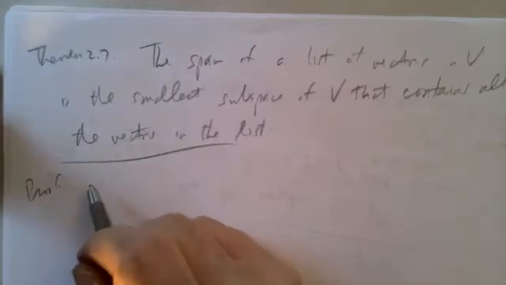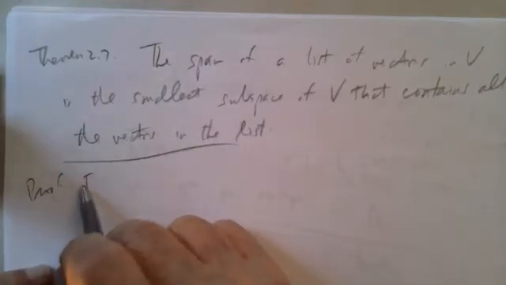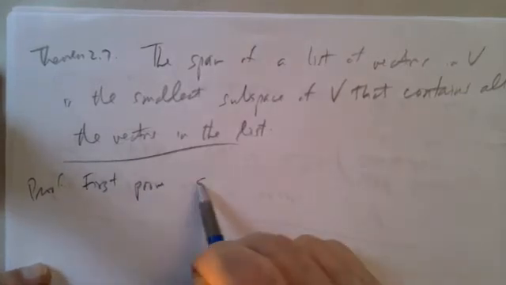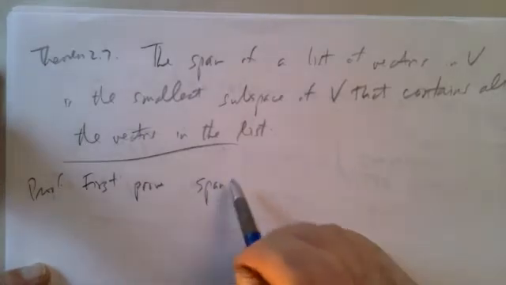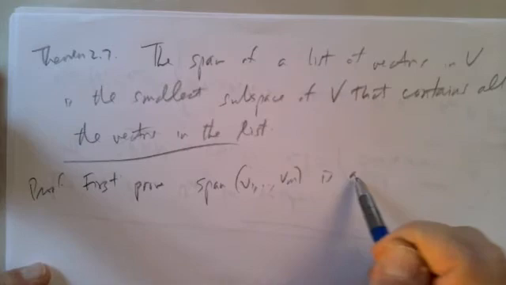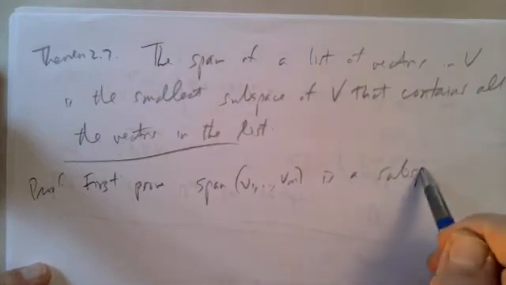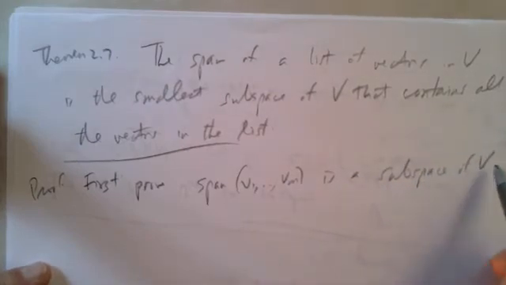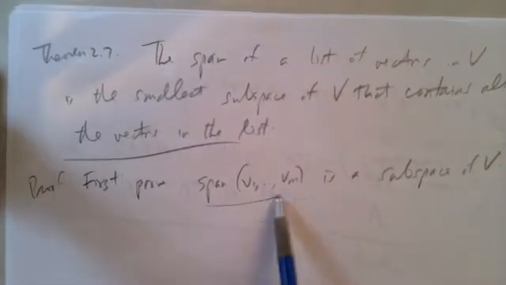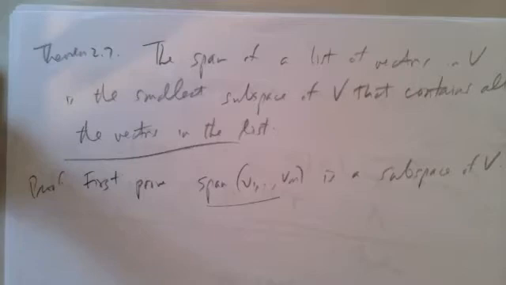So the first thing I will prove is that the span, suppose the vectors are V1 up to Vm, is a subspace of V. So the span is all linear combinations.